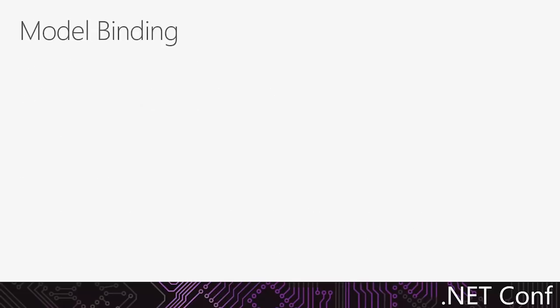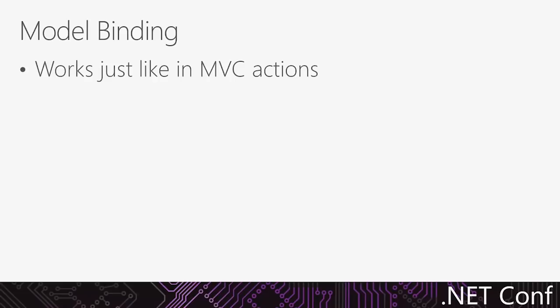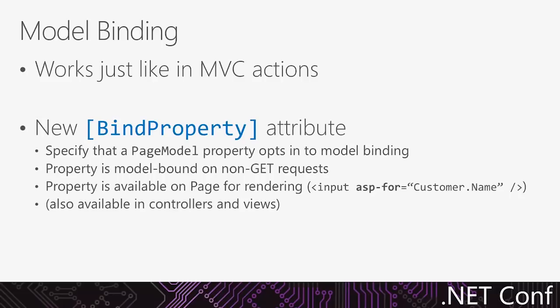Now, since Razor pages are built on the same fundamentals as ASP.NET Core MVC, you get some things like model binding and model validation out of the box, and these work pretty much as you would expect. There is a new feature in ASP.NET Core 2.0, and that is the BindProperty attribute, which lets you specify that a property of the page opts into model binding. Now, by default, this property will only be bound to non-GET requests, so for instance, posts.